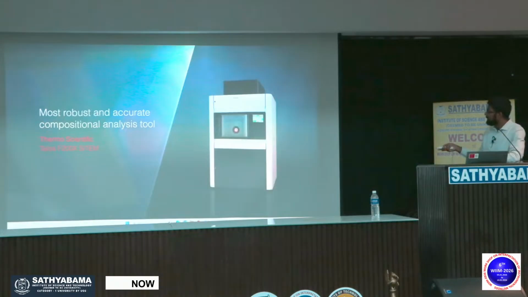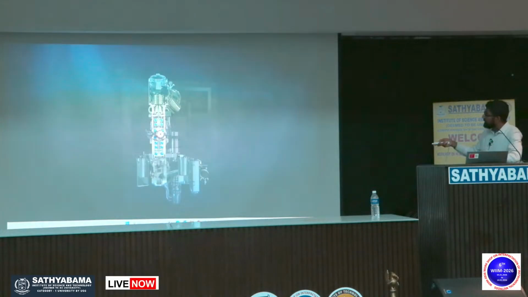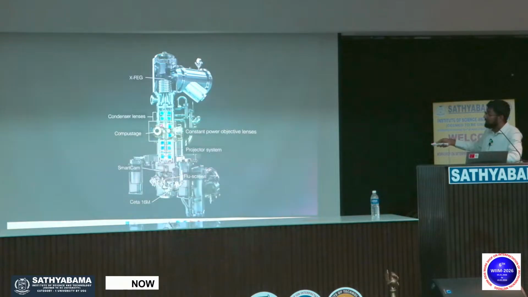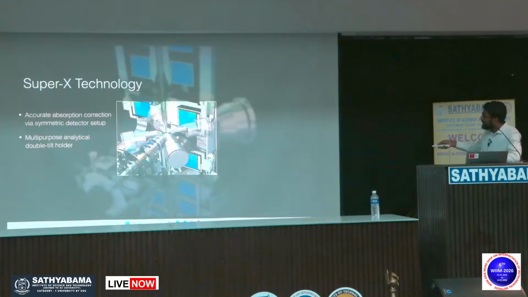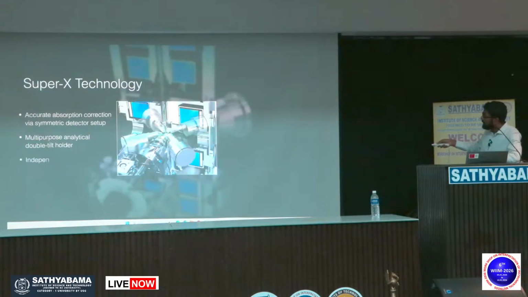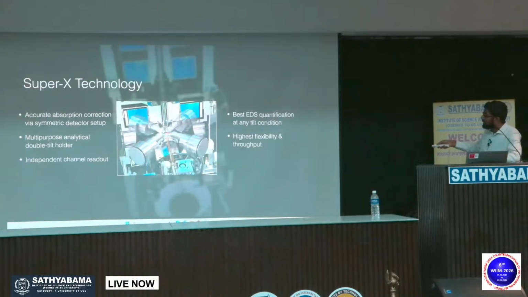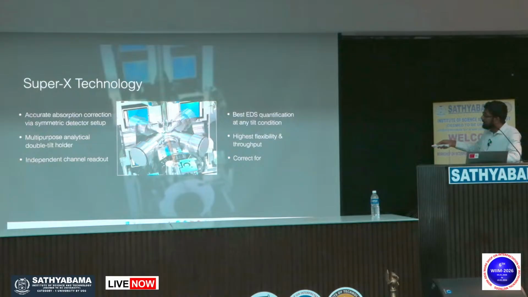And then if you think about after loading samples, you can go inside where exactly the sample sits inside your lenses. Here the sample is sitting inside, and these are the X-ray detectors, very close to your sample. There are 4 EDS detectors around your sample. So even if the sample is tilted, it doesn't matter.